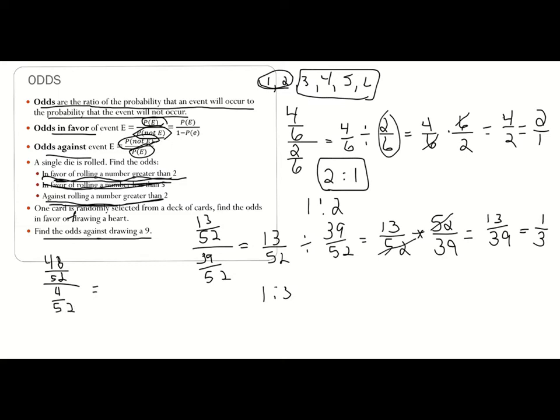So when we do the math here, we'll have 48 over 52 divided by 4 over 52, so we're going to do 48 over 52 times 52 over 4. My 52s will cancel. We end up with 48 over 4, which simplifies to 12 over 1, or 12 to 1 odds against drawing a 9.